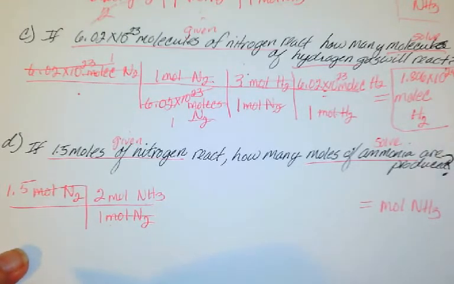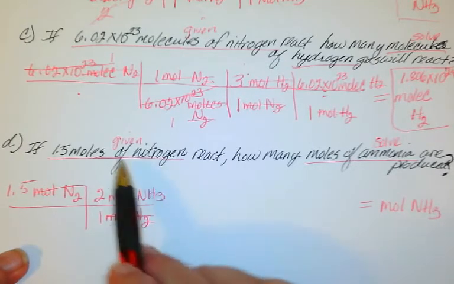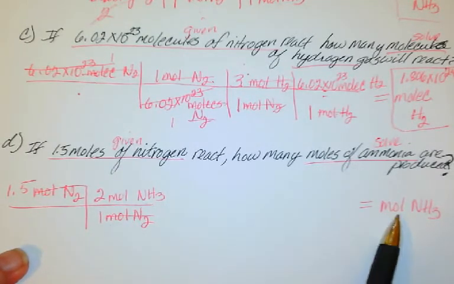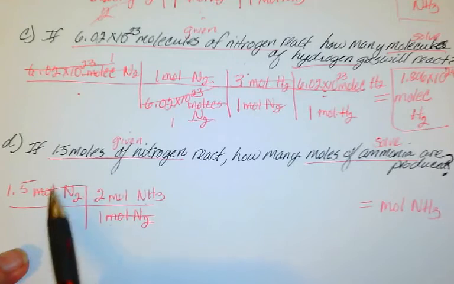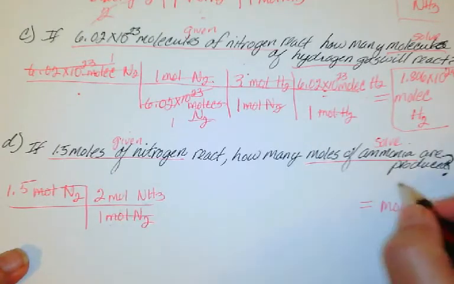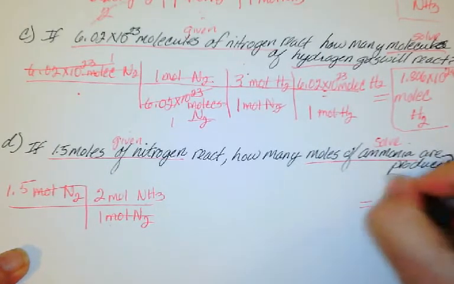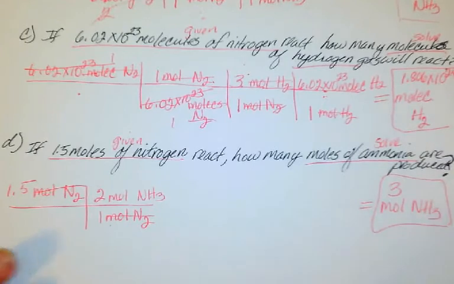There is no more. So this is quite short because this was a mole to mole problem. The only thing I needed was the mole ratio from the balanced equation. So 1.5 times 2. I don't even need a calculator for that piece. It is 3.